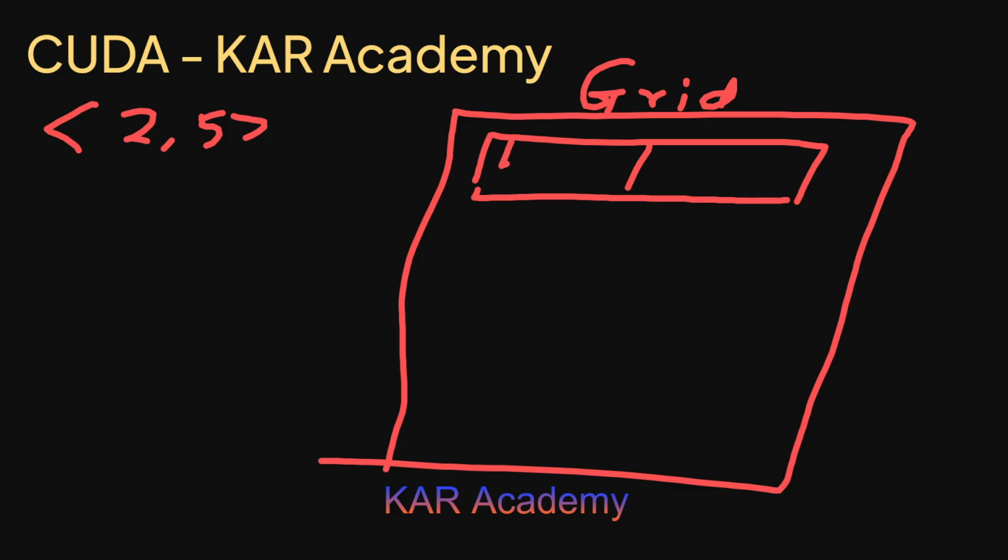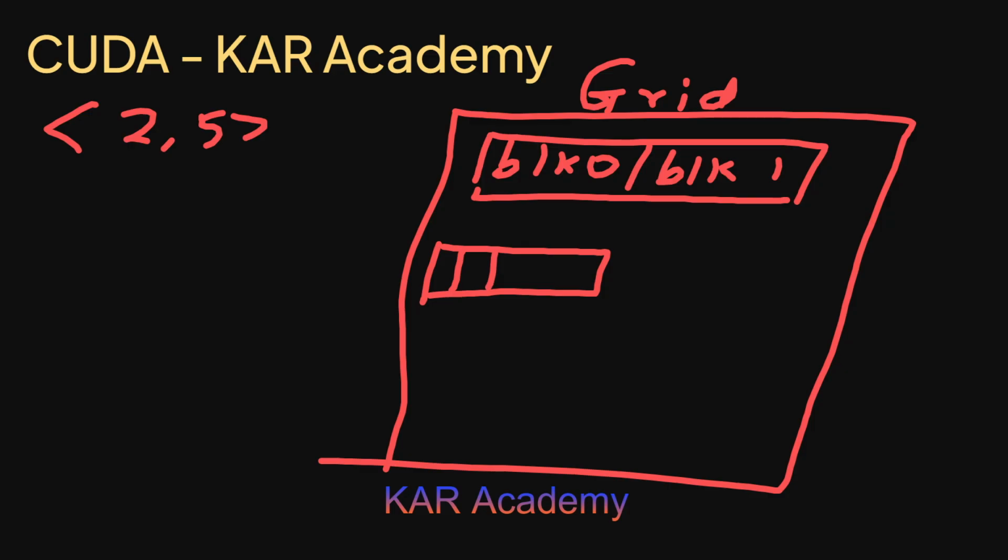This is block 0, this is block 1, and each block has 5 threads, again one-dimensional, 0, 1, 2, 3 and 4. That's how it looks when we define 2, 5.